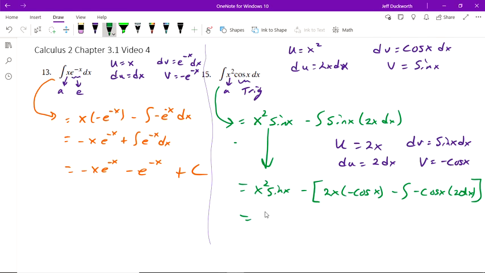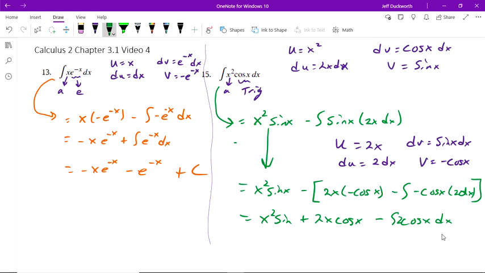So let's finish this. We will distribute the negative 1, so it's plus 2x cosine x. And now we have 3 negatives for this integration, so it's still a minus. So 2 cosine x dx.